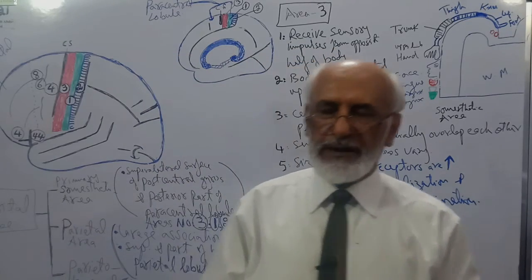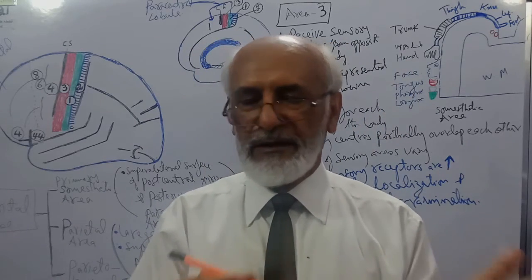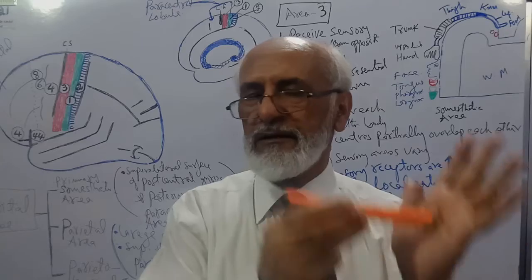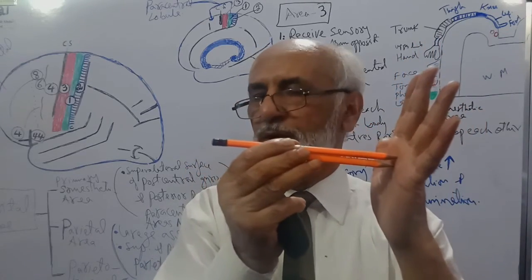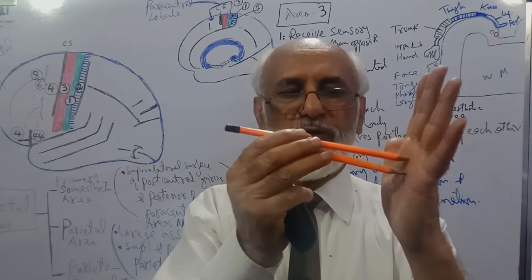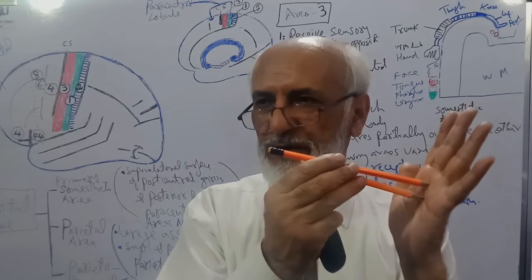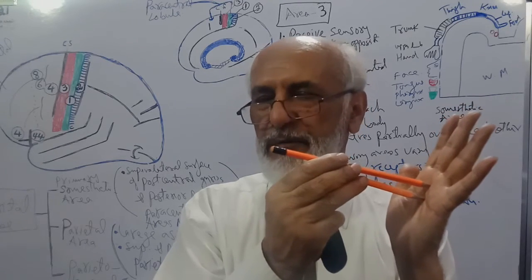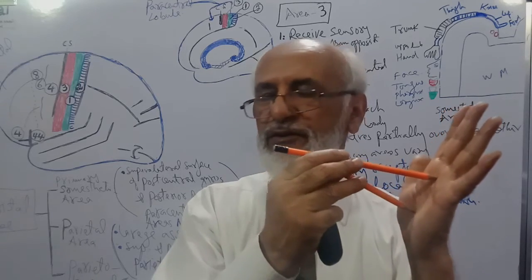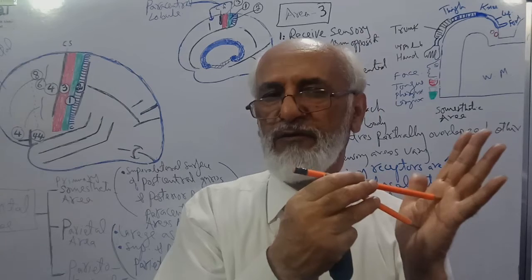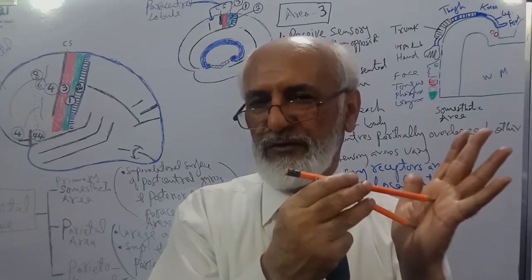So again I will ask you to close your eyes, and you will be asked how many objects are touching? You will say one, because both the pencils are close to one another. Then I will slightly move apart the pencils. Again I will ask how many objects are touching your part of the body or palm of the hand. Again he will say one object. When I further increase the distance, then the normal person will be able to discriminate that there are two objects which are touching your body.